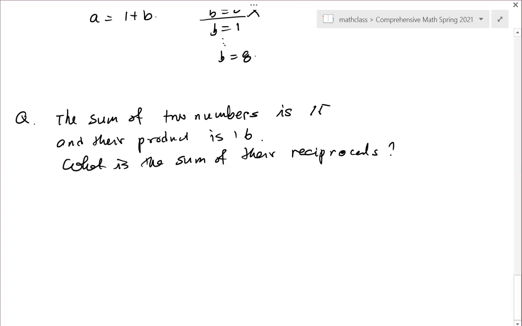All right. Just two numbers, right? The sum is going to be 15. The product is going to be 16. Write this down. How to find the sum of the reciprocals? Well, you have to modify this expression in order to find the sum.